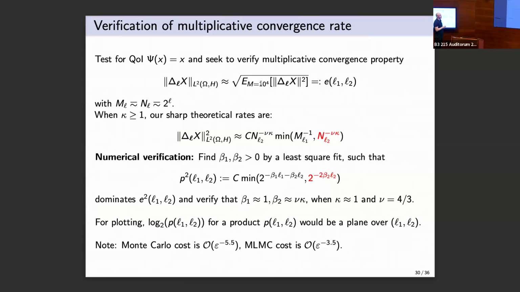To study this, we take the Monte Carlo average of 10,000 samples, and we plot this for different L values, and if you take the log of this plot, it should look like a plane. But what I didn't say before is that we actually have a mixed rate in all settings. I didn't state it in the results, because we do not really profit from it in how we implement, but we don't actually see a plane.